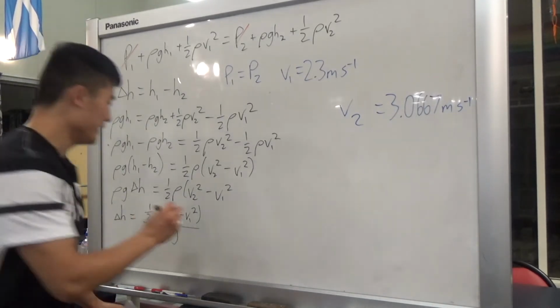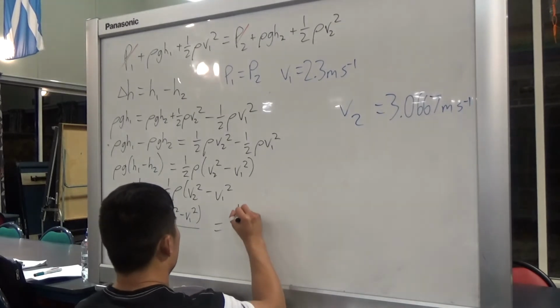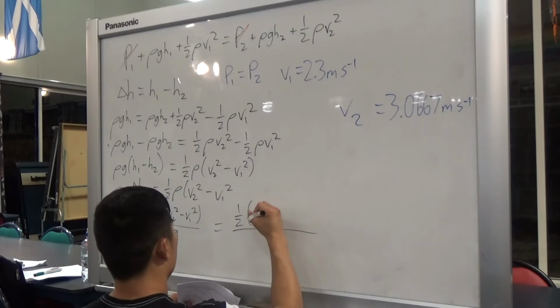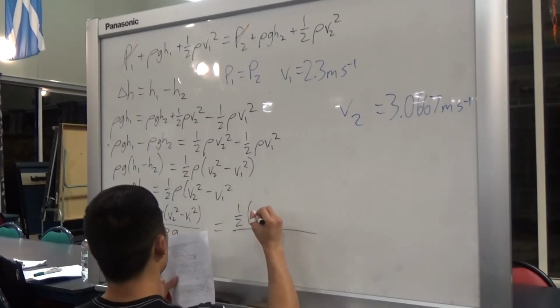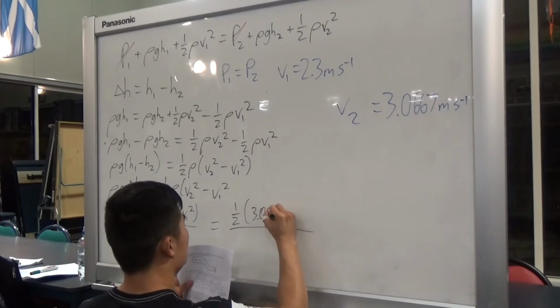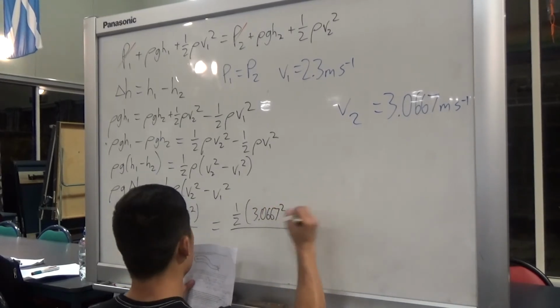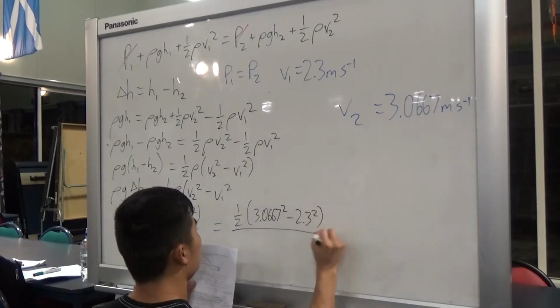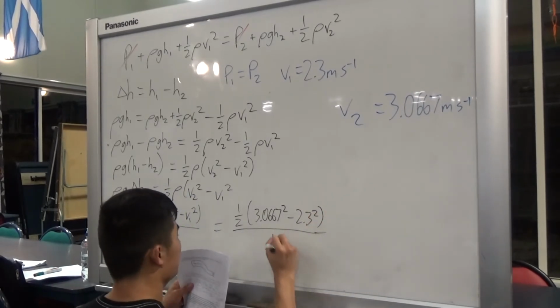So now you can just write half times V2 squared, which is 3.0667 squared, minus V1, which is 2.3 squared, over gravity, which is 10.